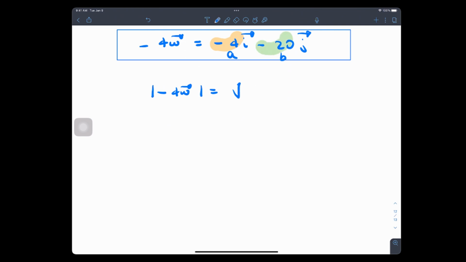Negative 20, right? So I'm going to take negative 4 in parentheses and square that. Negative 20 in parentheses and square that, okay? Yeah, I get 16. Yes, I get 400.